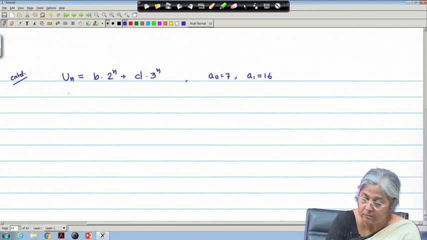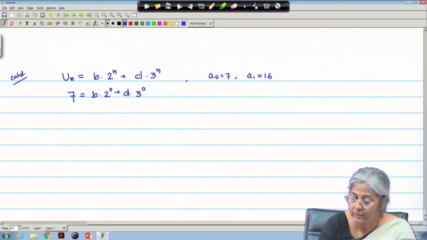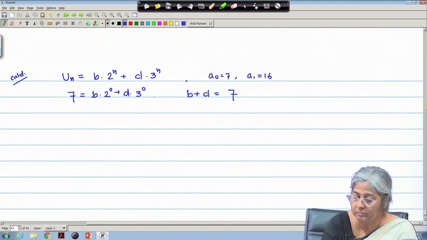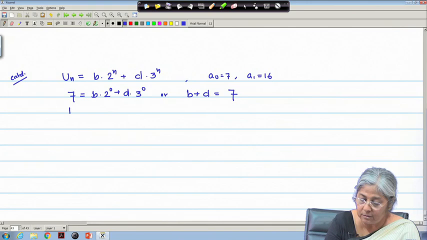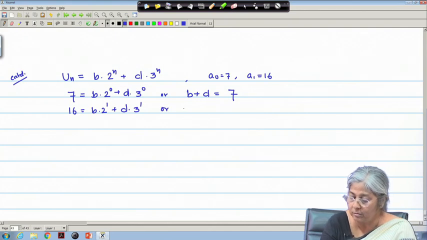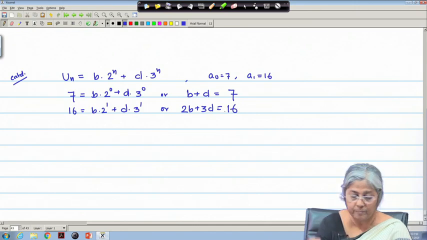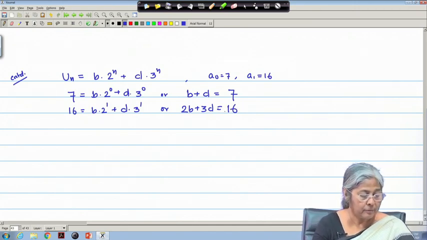So, 7 equal to B 2 to the power 0 plus D 3 to the power 0, that means B plus D equal to 7. And 16 equal to B 2 to the power 1 plus D 3 to the power 1, or 2B plus 3D equal to 16. Now, we can solve.